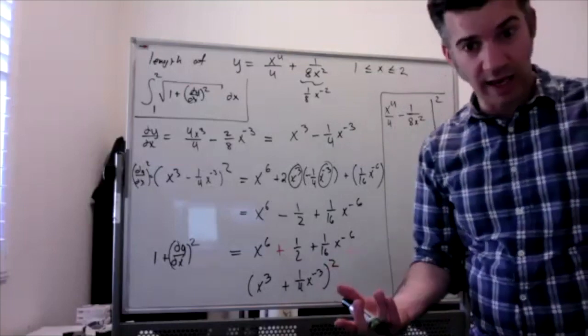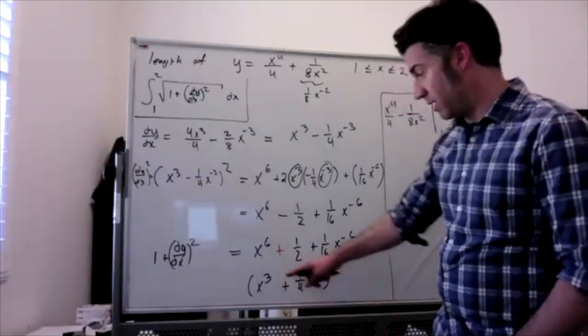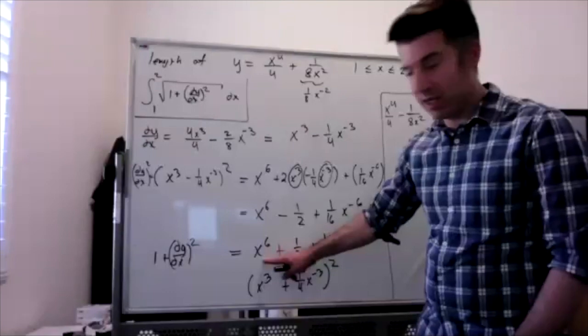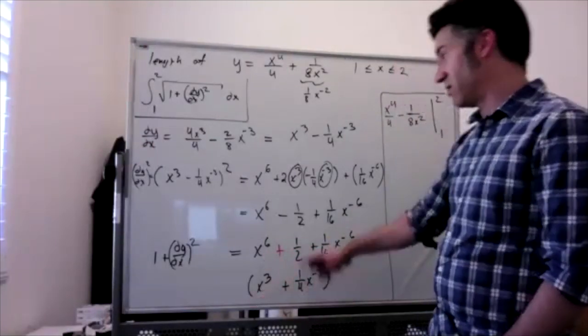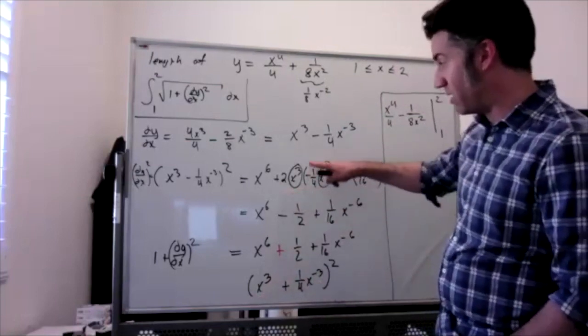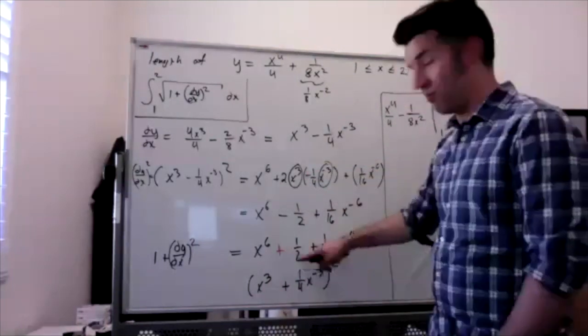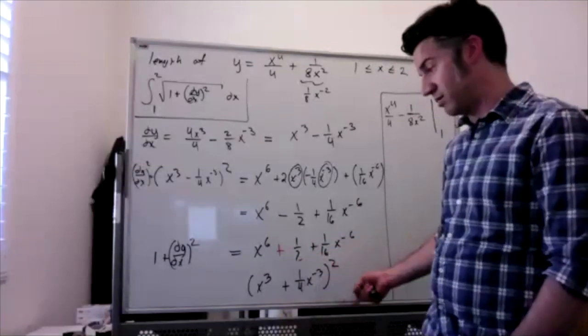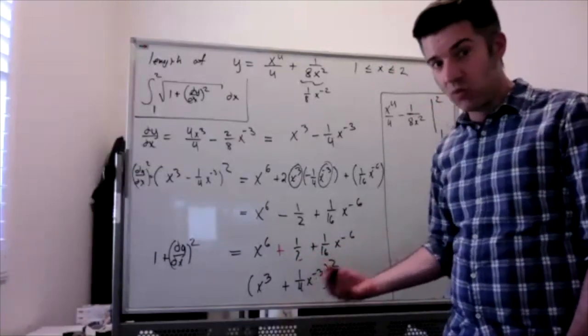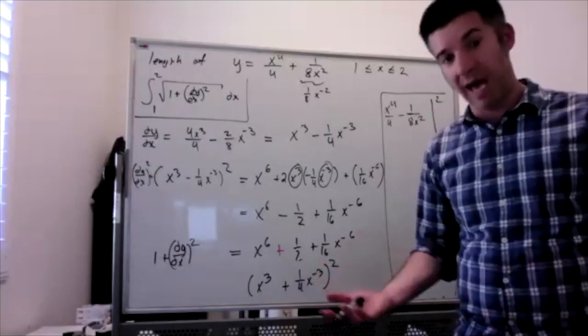Hopefully you can see that. If I square this out, I get x cubed squared, which is x to the 6th. I get 2 times this, which is exactly the same as 2 times this, except I don't have the negative anymore, so it's a positive 1/2. And then I get this squared, which is 1/16 x to the negative 6th. Oh, look, it's super easy once you see the pattern.